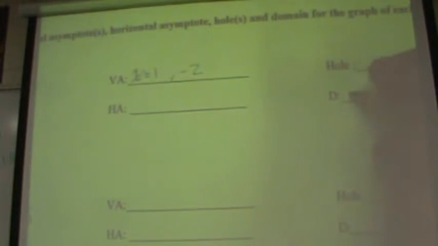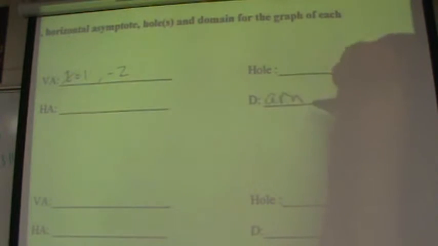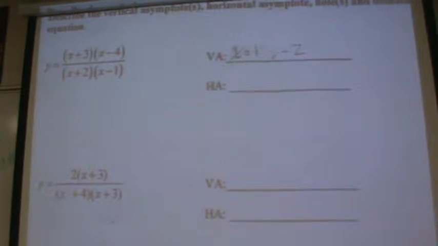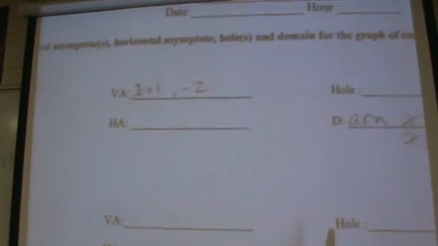So it's going to equal all real numbers, and x cannot equal 1 or negative 1, or negative 2. We're not going to do your horizontal asymptote right now because that takes a lot more time and Claudia said she was probably going to do it tomorrow. It's kind of time consuming. And then I'll explain holes in a second when we get to the next one, but for this one you're going to put none.